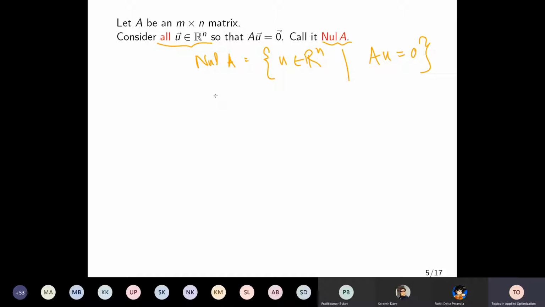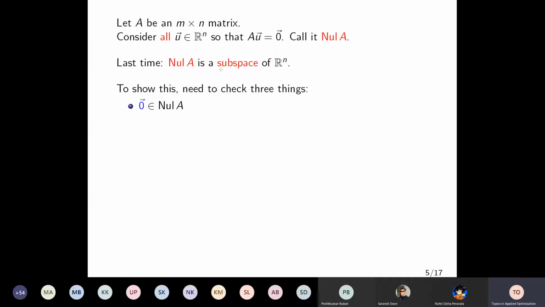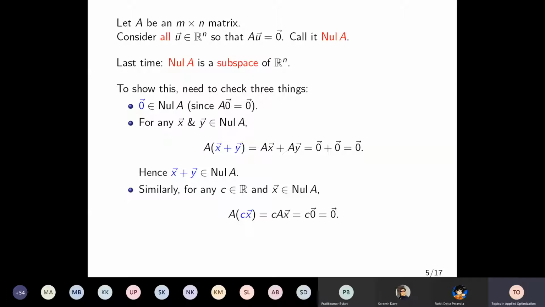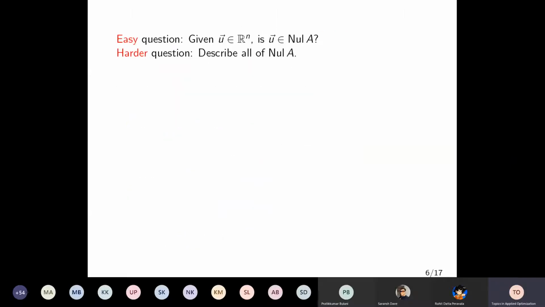This is how the null space is defined. As we have proved before in the previous slide, null space is a subspace of Rn. There is a proof being given here, which is what we did in the previous slide.